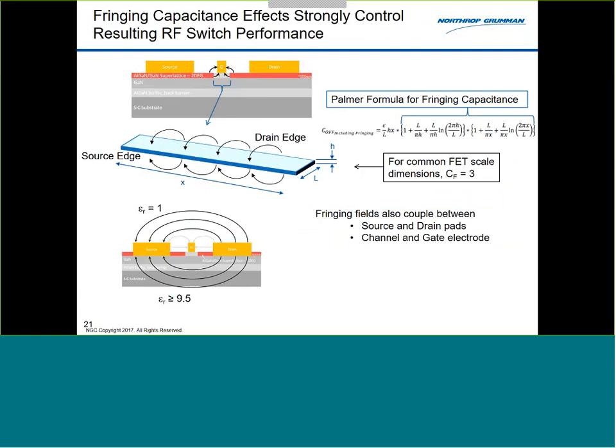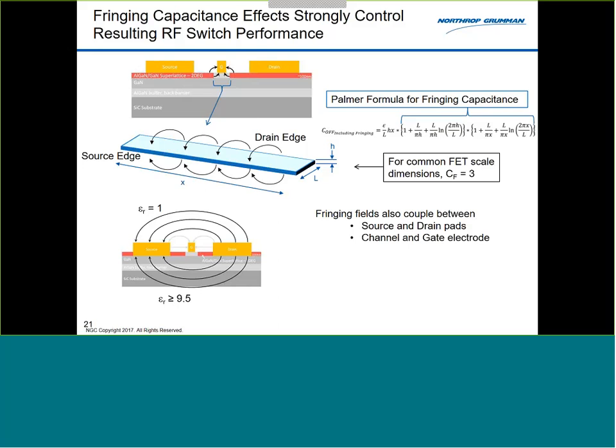There is some interesting literature, first published in the 1920s, calculating these kinds of fringing fields for some of the very early work with refrigerators. If you use, for example, this Palmer formula and scale it down to the size of the transistors, these fringe fields come out to a factor of 3, which is ballpark what you see experimentally in what people are actually reporting.